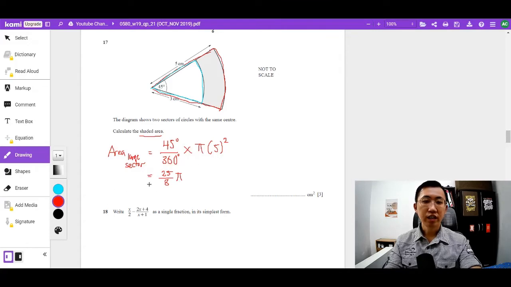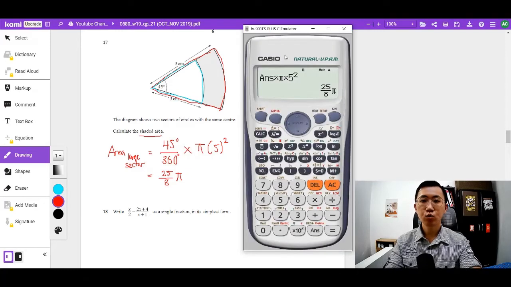Alright, and then you repeat again, area of your small sector. Okay, so now your small sector, 45 degrees again, over 360, multiply with your pi r square. So the shorter radius I can see is just 3. So pi 3 square. Again, it's just calculator's work.